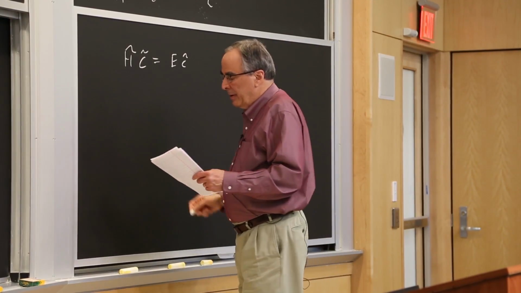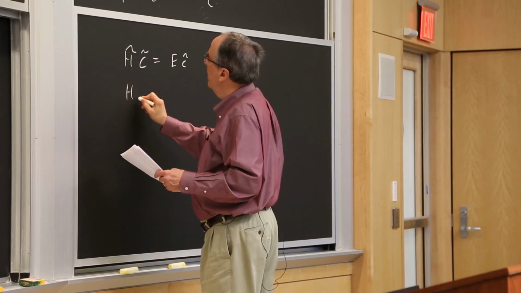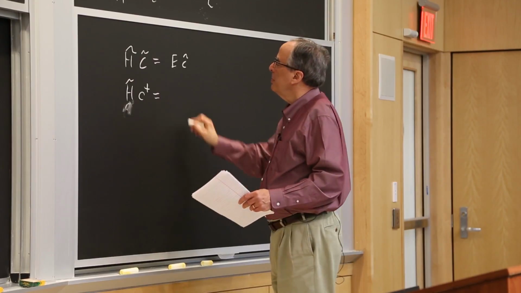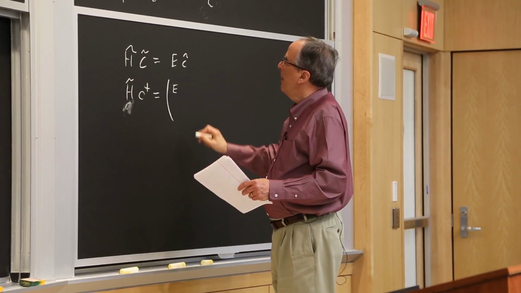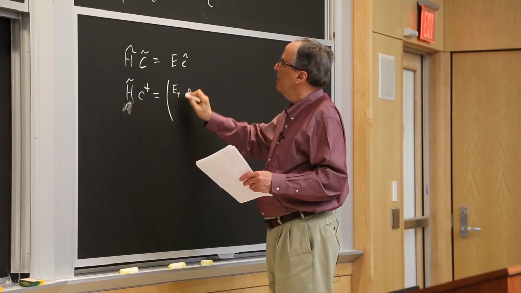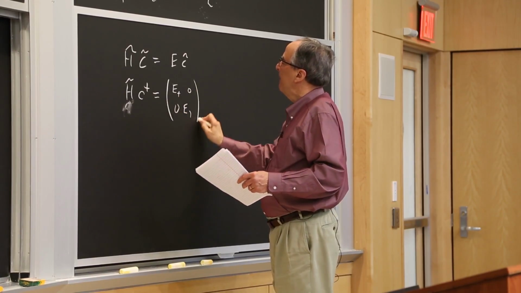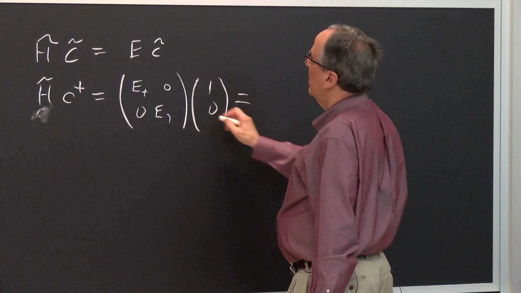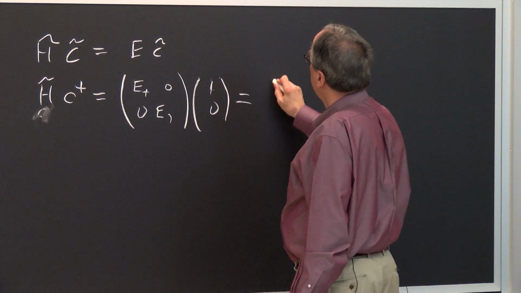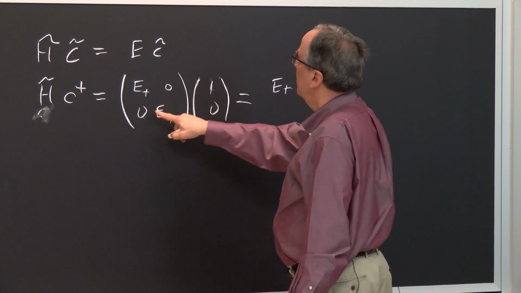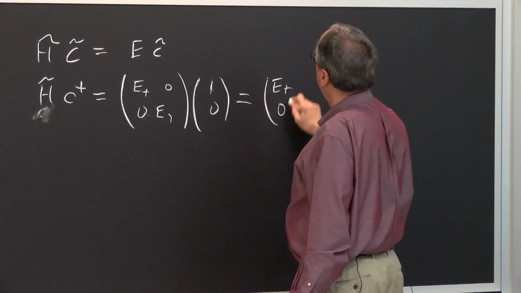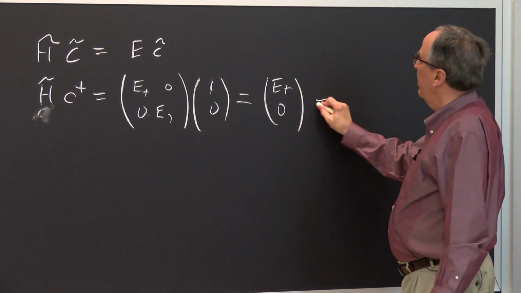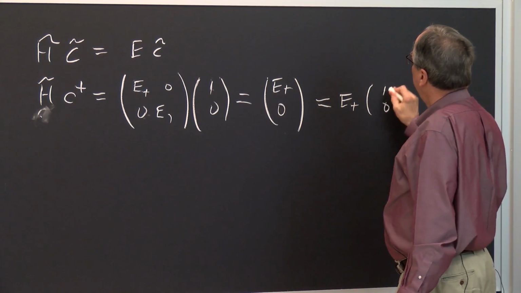And so H C plus is going to be the matrix with E plus, 0, 0, E minus acting on the vector 1, 0, because that gives us E plus times 1 and 0 times 1. So multiplying these two things, we have a column vector. And that's the same thing as E plus times 1, 0.